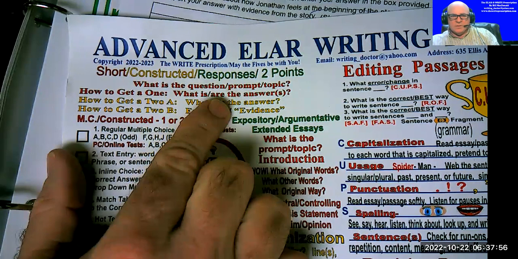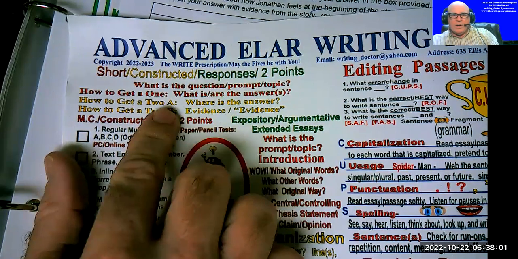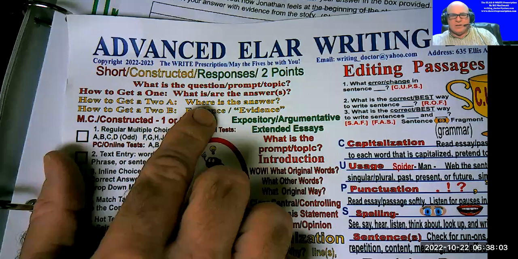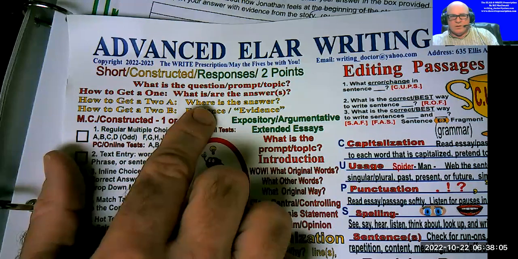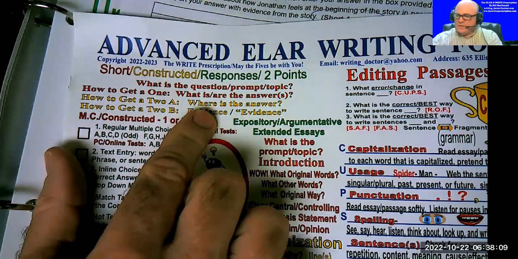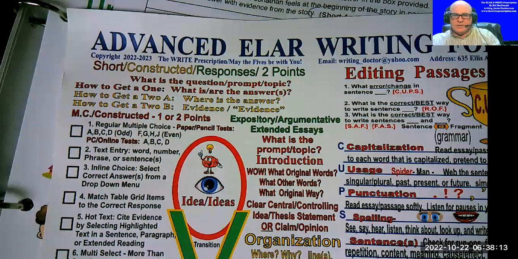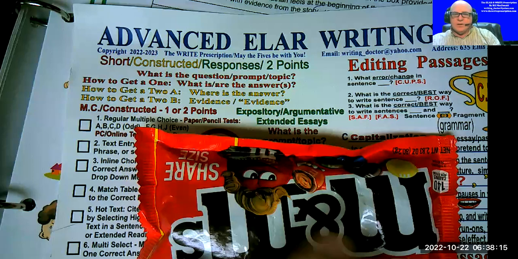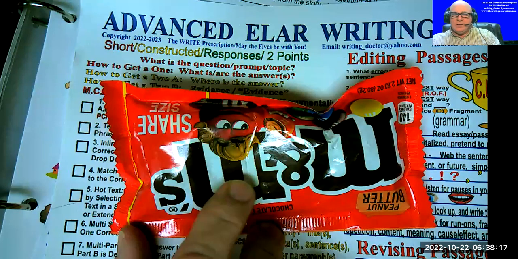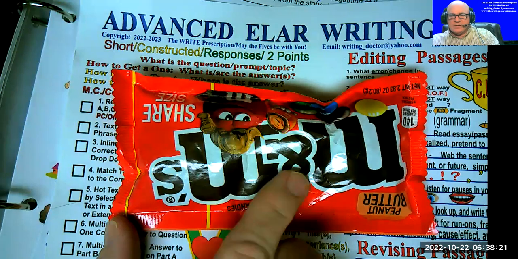And so the how to get a 2A is the where. Where can I go? Well, they actually tell us where to go in the question we're going to look at, and then the evidence. So if you think of M&Ms, the red light is, what is the question and what is my answer. But red light, stop.